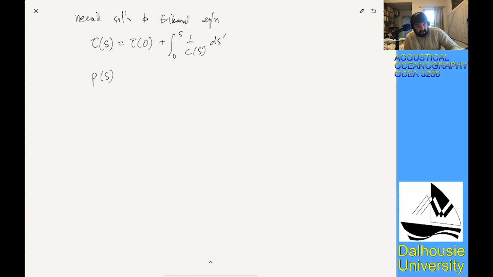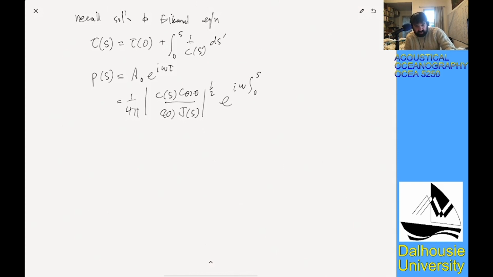So p of s is going to be equal to a naught e to the i omega tau. Now that's going to look like, plugging in our two solutions, c of s cos theta over c naught, Jacobian of s, to the 1/2 e to the i omega, and this the integration along the ray path over the sound speeds along the path. Okay?